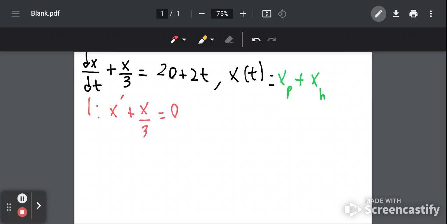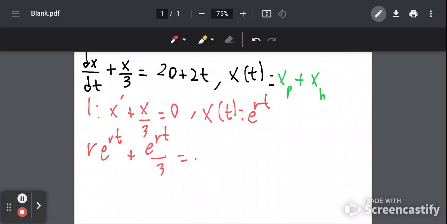For solving this, we could use separation of variables, but I'm going to introduce something called the characteristic equation, or the characteristic solution, in which I say that x of t is in the form e to the rt. If we differentiate, since we want to plug it in and solve, the derivative of e to the rt is r e to the rt, so r e to the rt plus e to the rt over 3 equals 0.